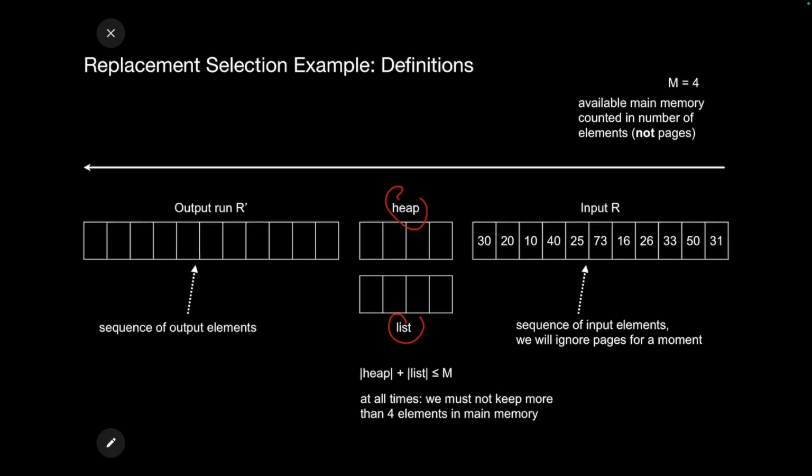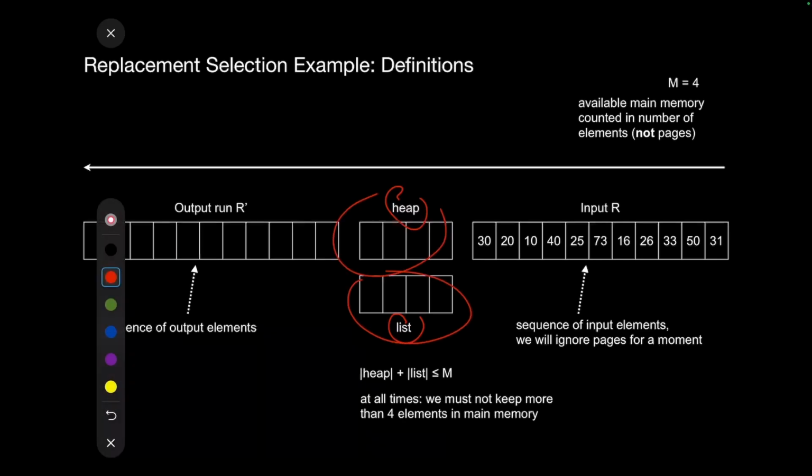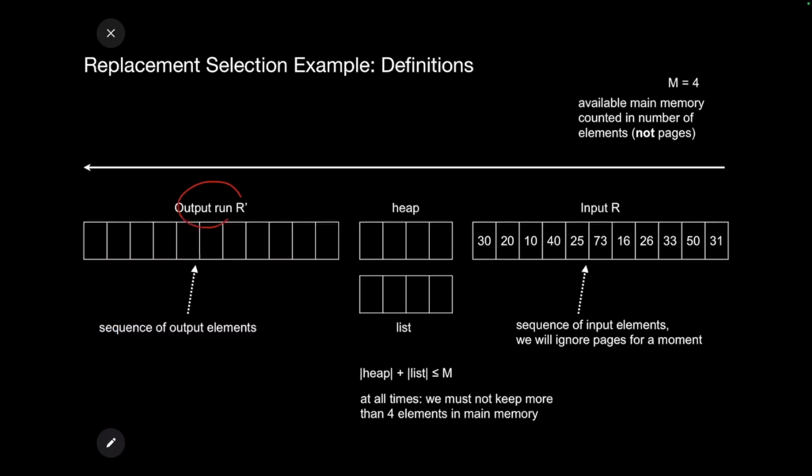They share the same array. That's how you implement it in C++. Here I show it separately with 2 different structures. And on the left, you see the output run being created. So we work from right to left. Again, that's the property, so you never exceed main memory.